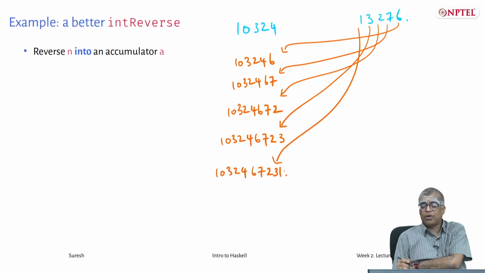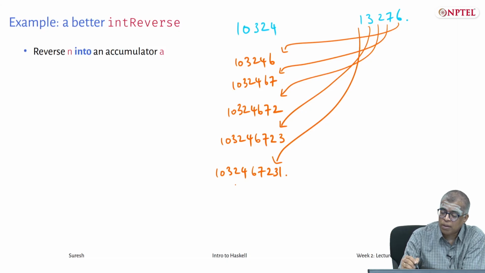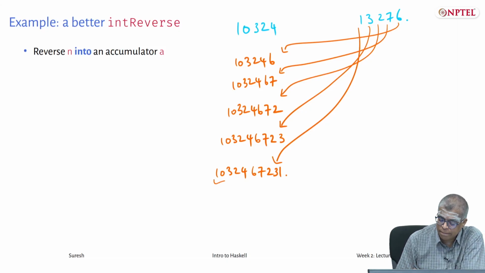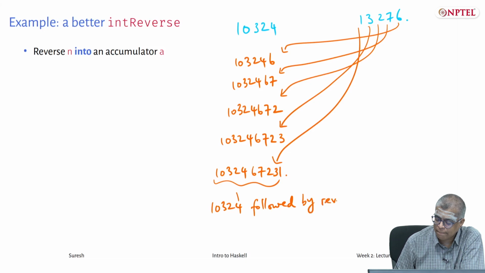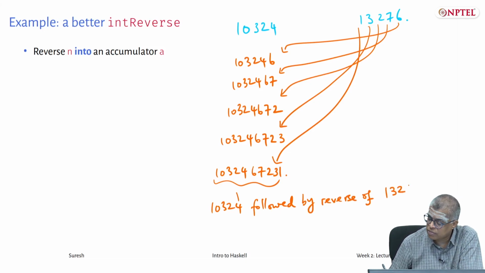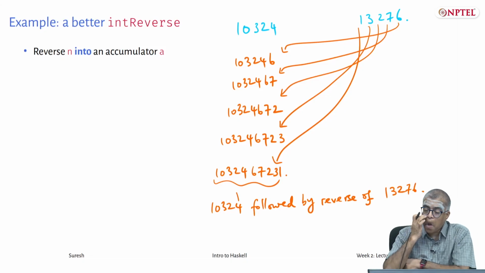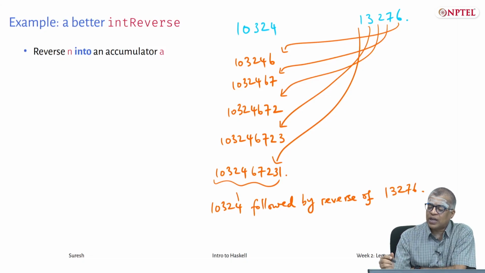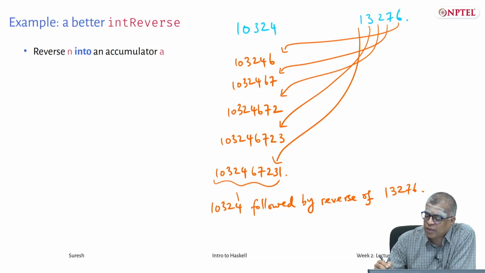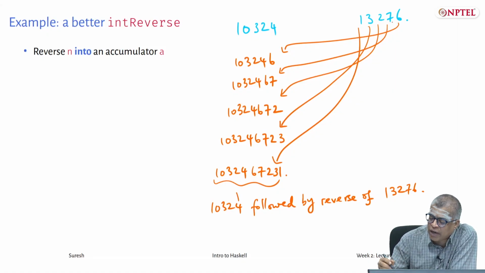What is the result that you have now? You have this number. What is this? This is 10324 followed by reverse of 13276. Okay. So you can see that you pick the digit from the last and add it to the last, but as you keep doing it, things keep getting crossed, right?